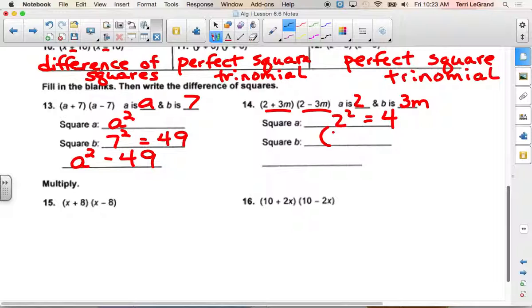We square our b, which is 3m in parentheses. And what is 3m times itself? 9m squared. Will you guys quit being clock watchers? It's okay. 9m squared. So what's our answer? 4 minus 9m squared. First one, the a squared minus the b squared. Don't worry about that, it's not in standard form right now, okay?